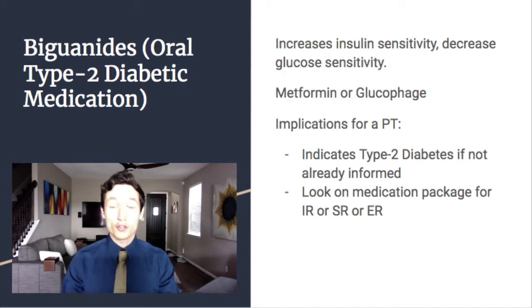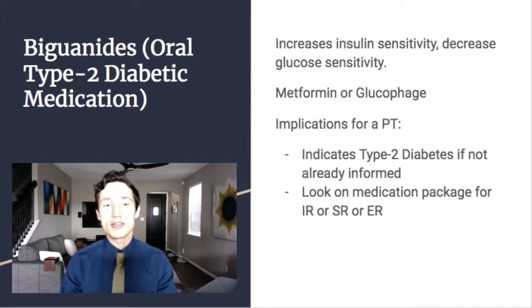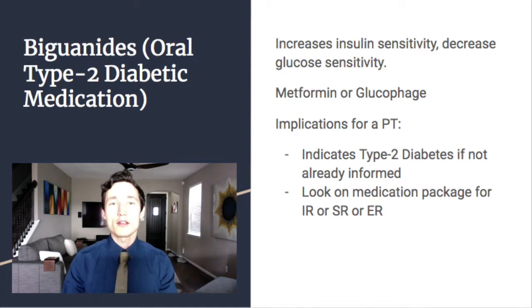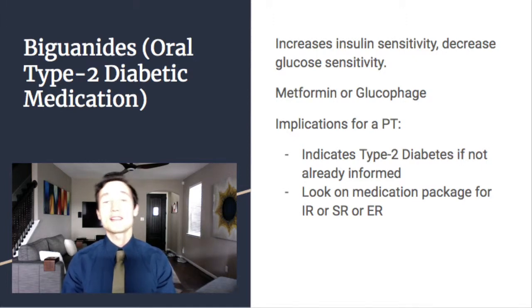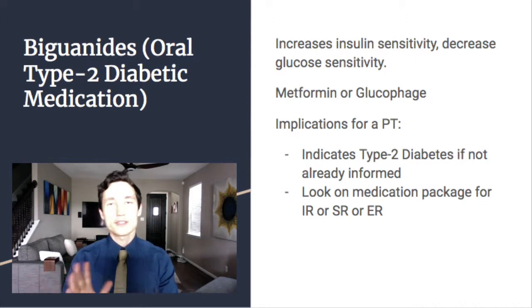So if they're using Biguanides, it's really important to check to see if their medication package has an IR, an SR, or an ER, indicating the timing of release. So IR is immediate release, and SR is slow release, ER is extended release. Slow release and extended release are the same, essentially.